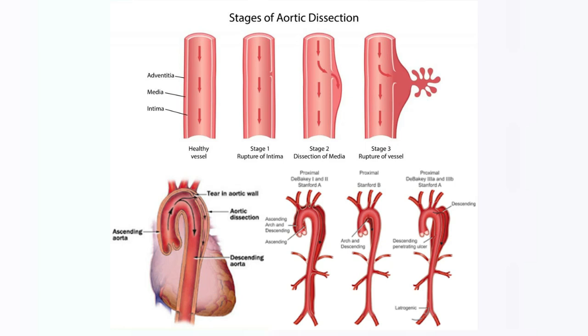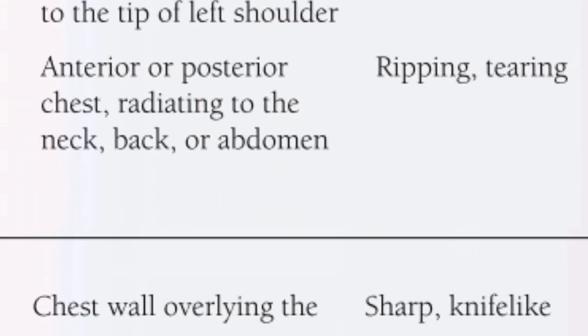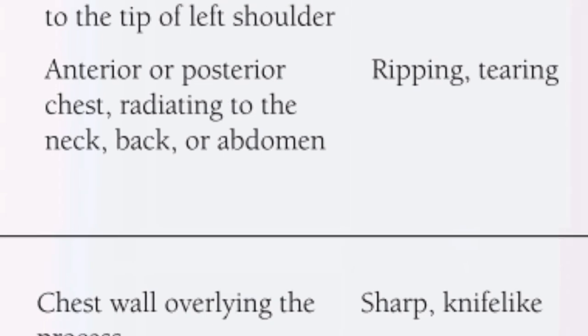In a patient with aortic dissection, there is a tear in the aortic wall causing a dissection of the media. This is usually described as ripping or tearing in character and radiating to the neck, back, or abdomen.